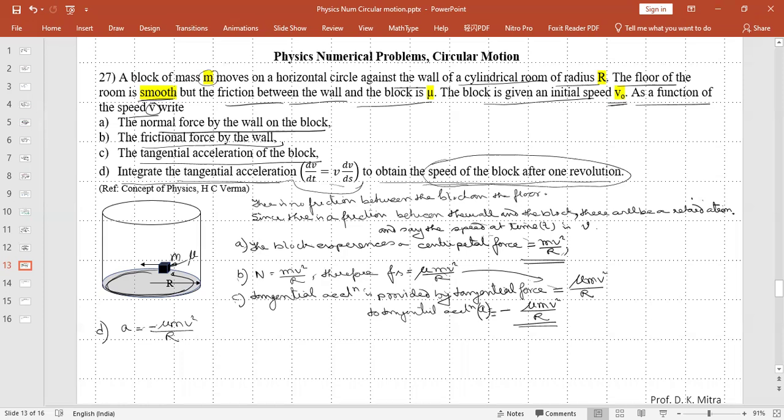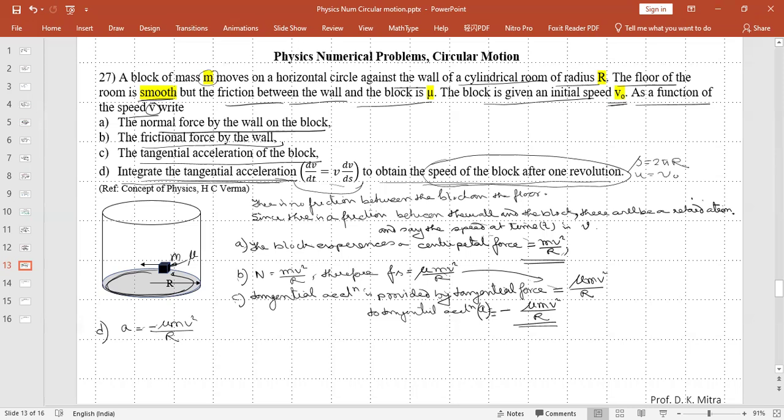So if we go to the kinematics, S is equal to 2 pi r. Initial velocity is v0 given. So by kinematic formula, we can easily find out the speed at the end of 2 pi r. But here in this question, they wanted you to integrate the tangential acceleration. So we'll go into integration.